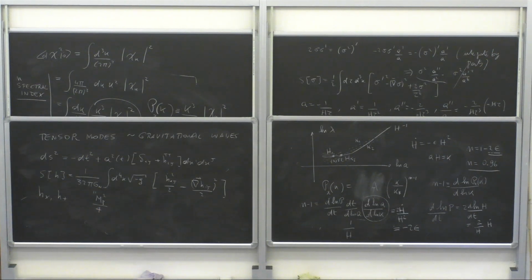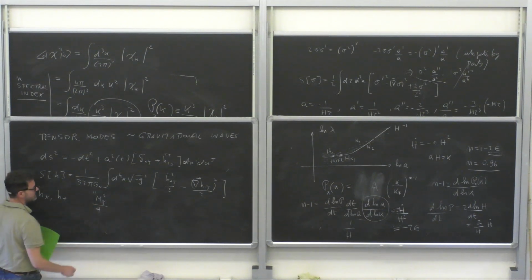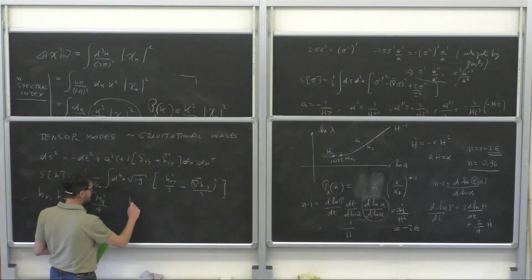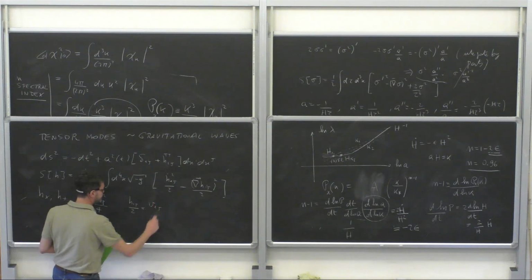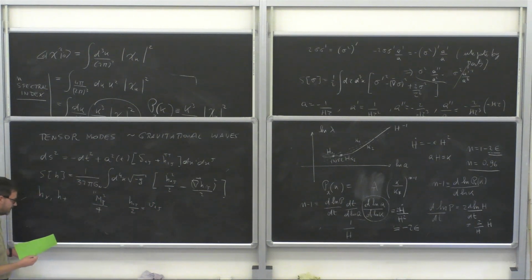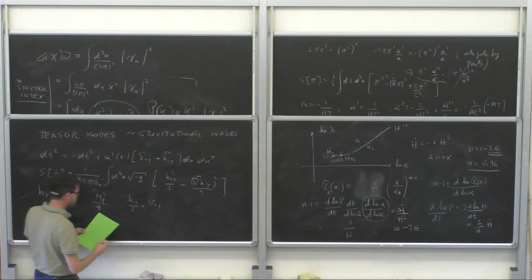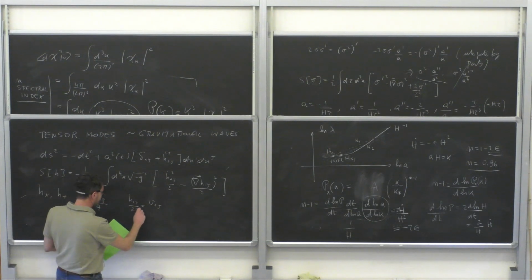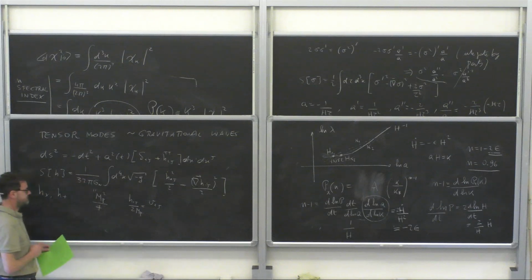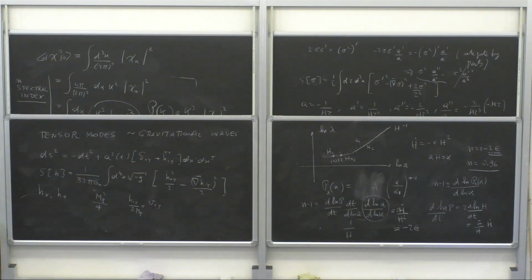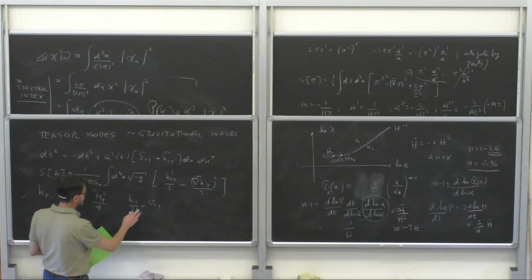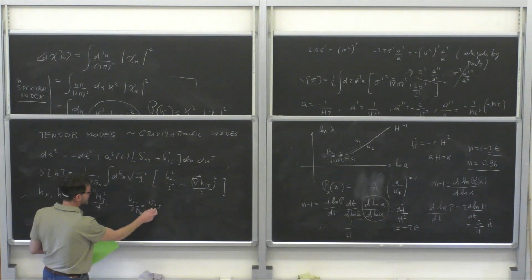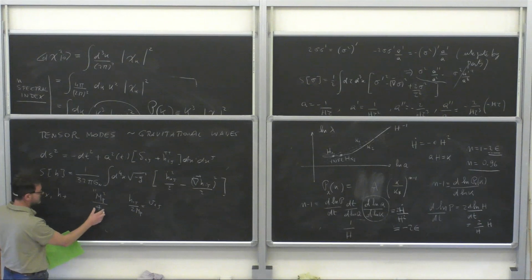So what do you do in order to make it canonically normalized? You define Hij divided by 4 or divided by 2 equal to some Vij. You canonically normalize this, and also divide by M Planck, of course, if you want, to remove the M Planck and to canonically normalize, because you want to get rid of this factor of 4 here.